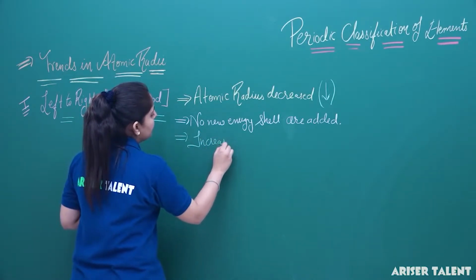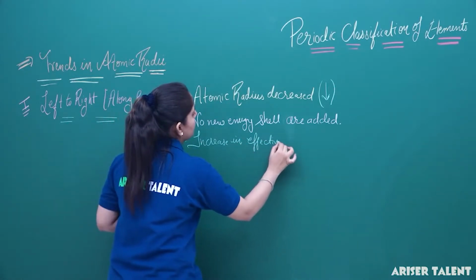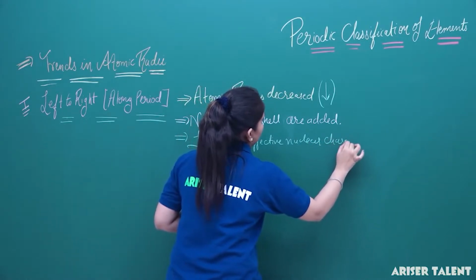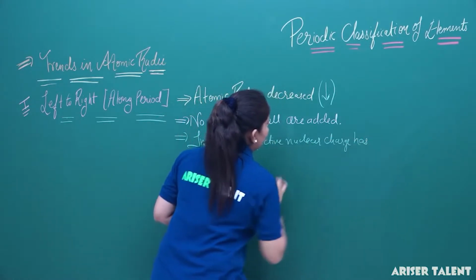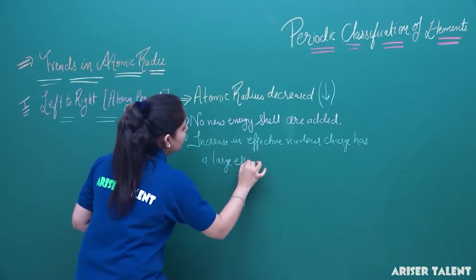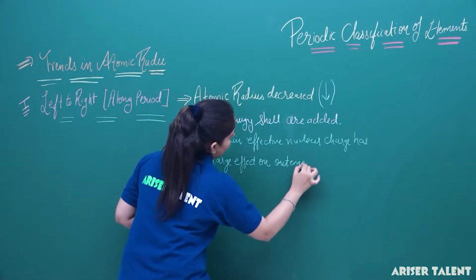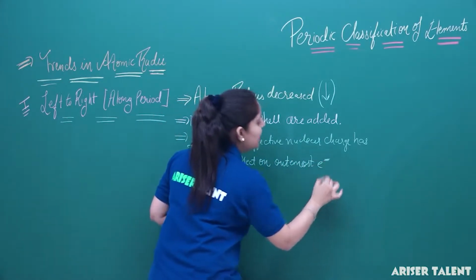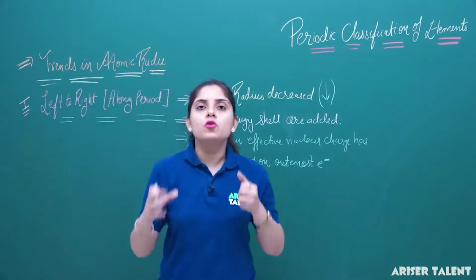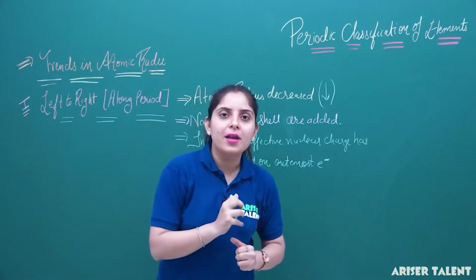The increase in effective nuclear charge has a large effect on the outermost electrons. If it has a large effect on the outermost electrons, it will exert a force on the electrons, and this force of attraction leads to a contraction in the size of the atom.